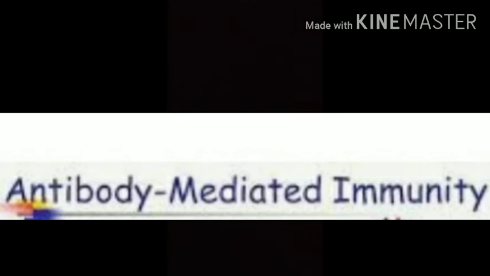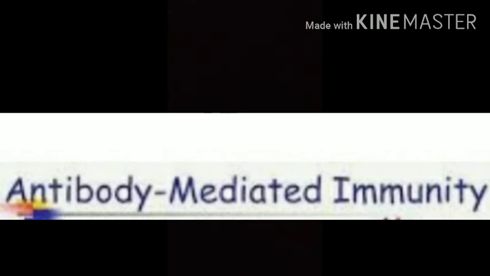When in future these types of pathogens attack the body, it doesn't need to produce more antibodies. Only the existing ones fight with the pathogens and kill them. That's why they are called permanent antibodies, as they remain in our body forever.